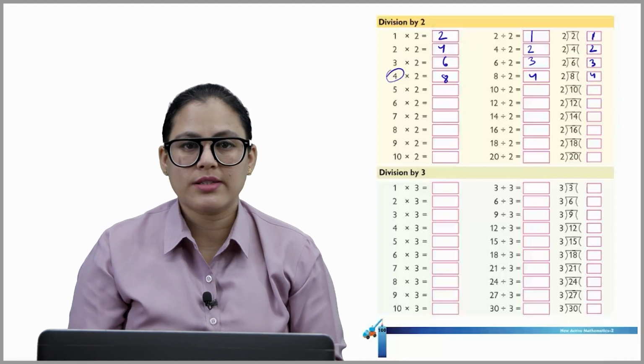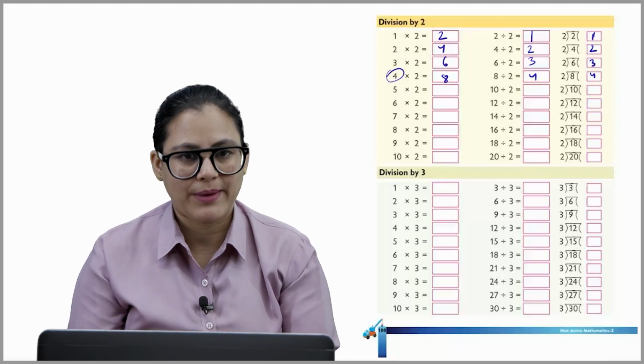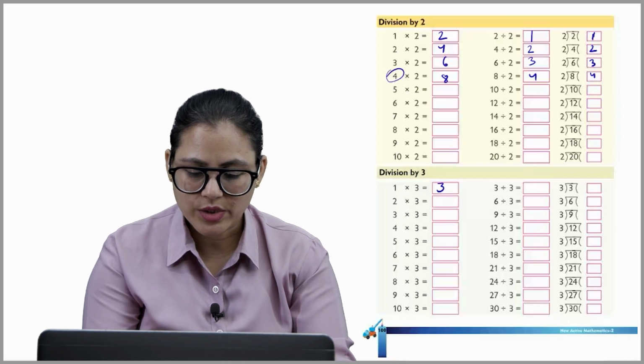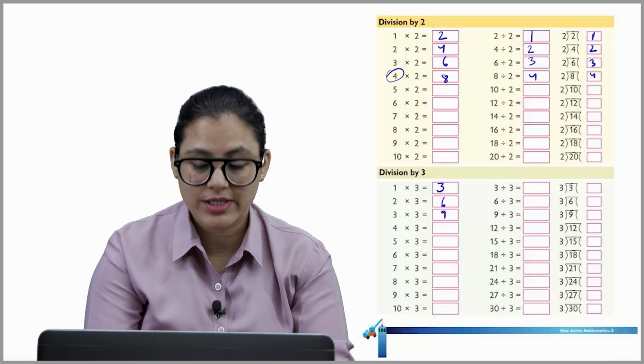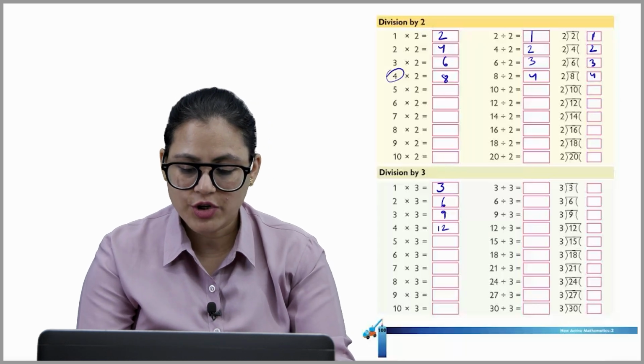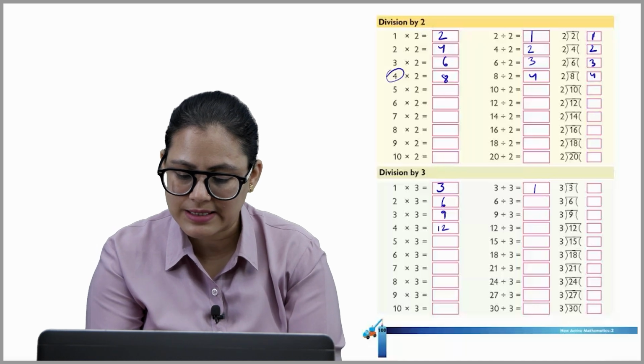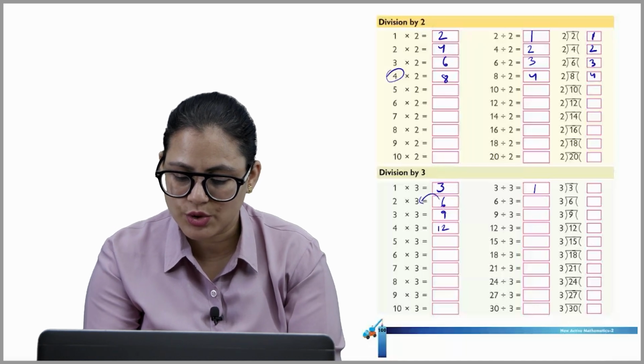Division by 3, in this case, the same rule applies. 1 into 3 is 3, 2 into 3 is 6, 3 into 3 is 9, 4 3s are 12. If you divide 3 by 3, you will get 1. If you divide 6 by 3, you will get 2.